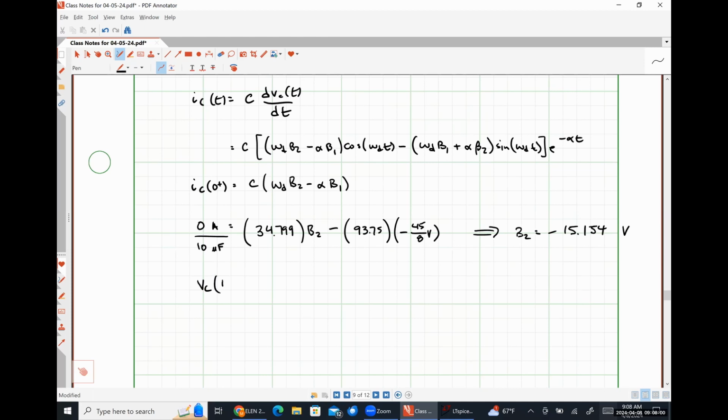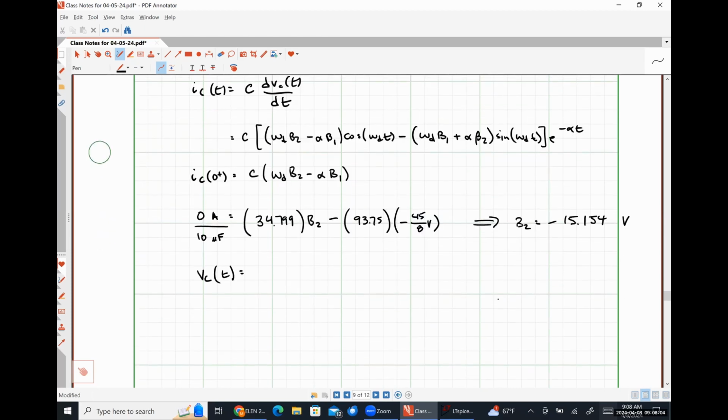So putting this together, we get negative 45/8 times the cosine of 34.799 T minus 15.154 sine of 34.799 T, e to the negative 93.75 T, minus 45/8 of a volt for our capacitor.